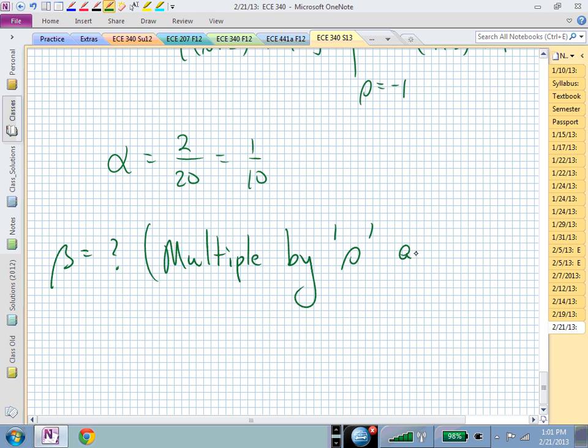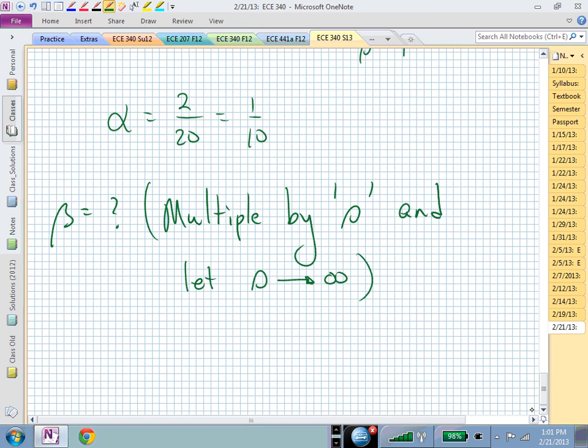And then, after I've multiplied both sides by s, I'm going to let s go to infinity. Because that partial fraction expansion is valid for all values of s, for all frequencies. Let me multiply by s, and then let this s march off to infinity. Let me see if I can do that.